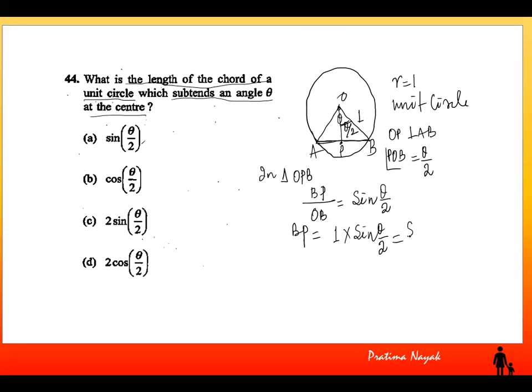So this is simply sine theta by 2. And what is the length of the chord? Length of the chord is AB, which is double of BP. So this will be 2 sine theta by 2. So C is the answer.